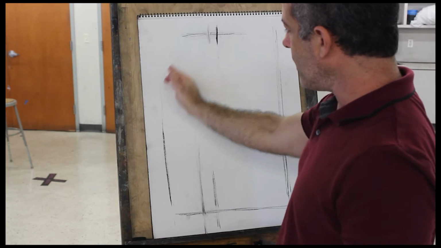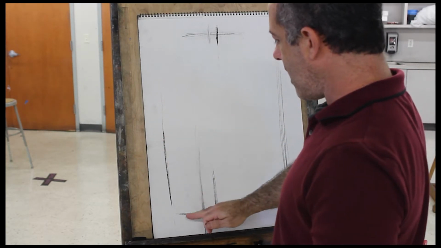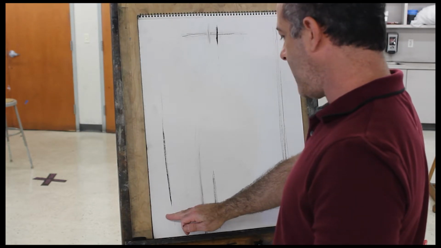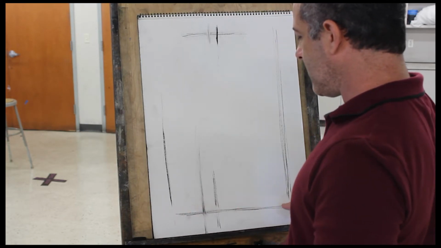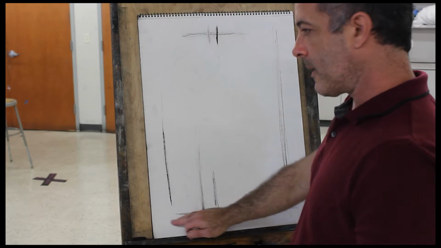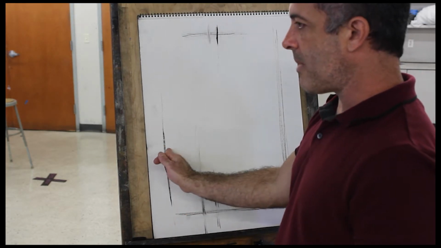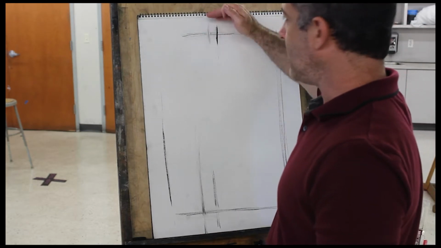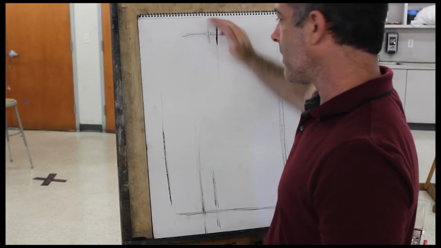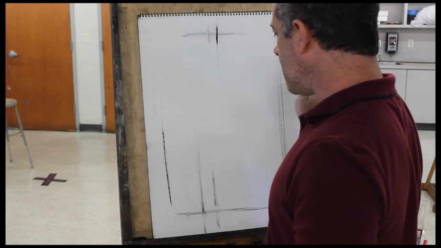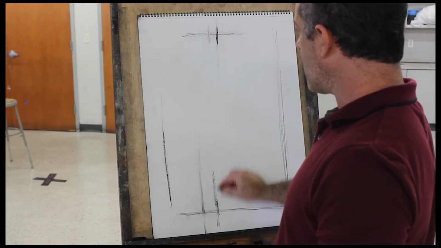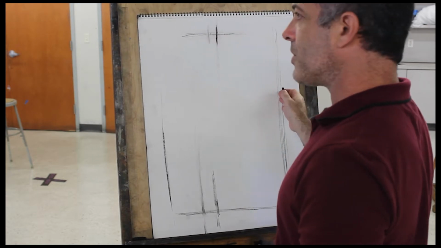So one of the things that I'm going to do here is I'm going to say that no matter what happens, unless it's something that I have to make a big change to, I am going to leave this as the lowest part of my drawing. And I'm going to leave this as my furthest to the left. So if there are going to be any changes, my changes are going to happen here and here. All right? So my furthest left, my lowest corner, highest, furthest to the right.